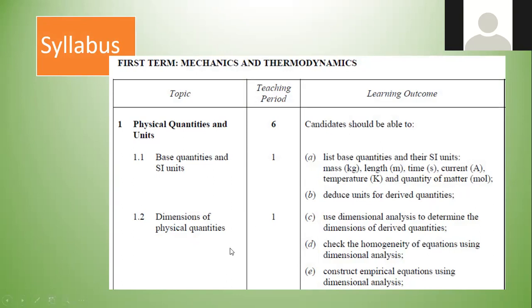Right? Under dimensions of physical quantities, use dimensional analysis to determine the dimensions of derived quantities. Instead of using unit, we can use quantity. That's what dimension is all about. Check the homogeneity of an equation using dimensional analysis. Construct an empirical equation using dimensional analysis.